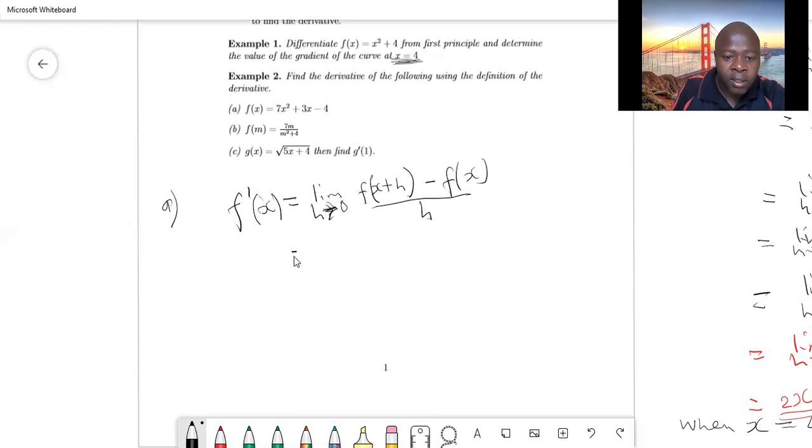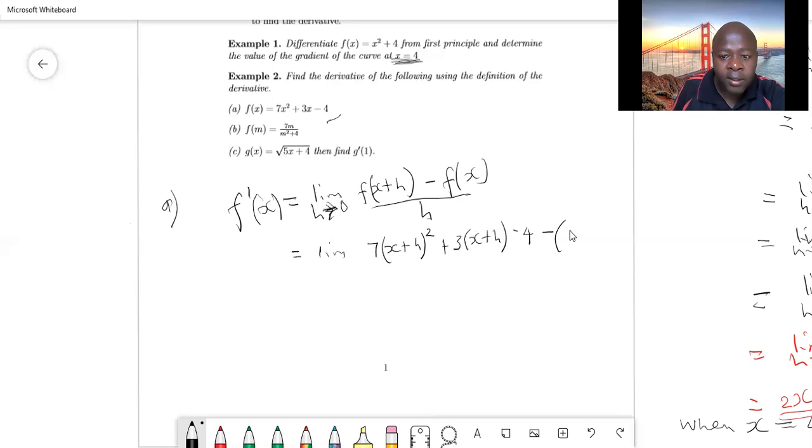Now if we substitute in our function, what we'll be having will be the limit of, where there is x, we just add h. There's an x here, so we add h, and the x was squared, so we square, and then plus 3 times x plus h, and then minus 4, and then minus f of x.